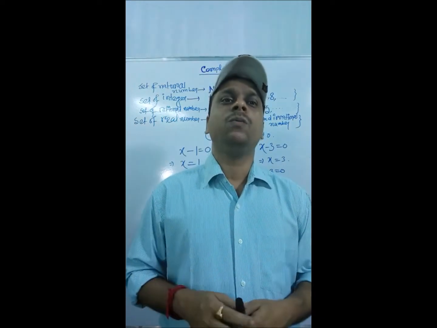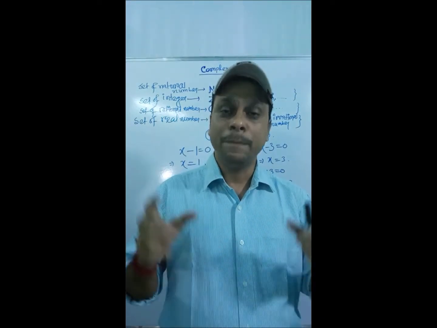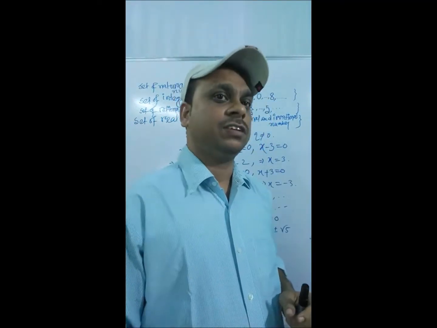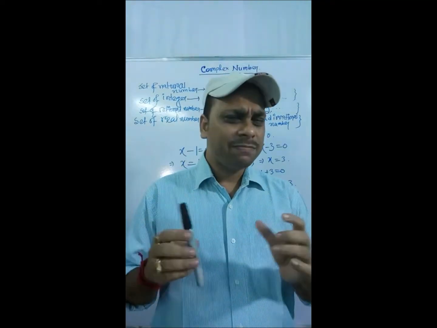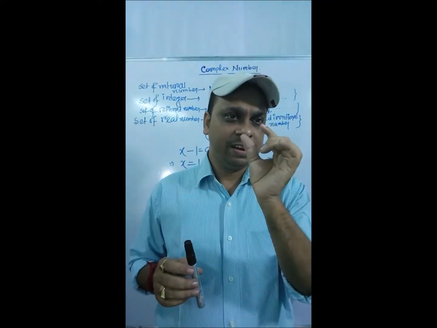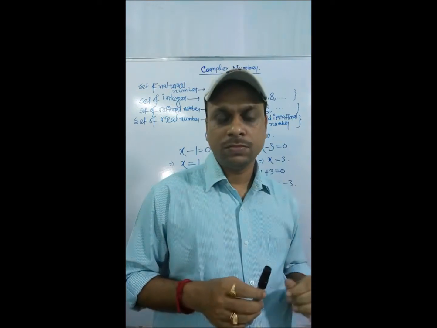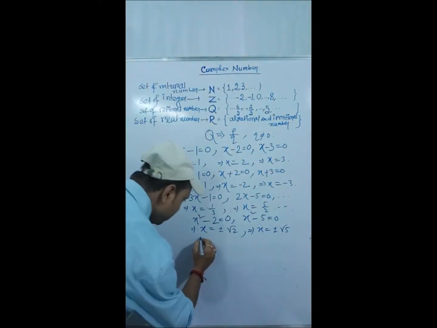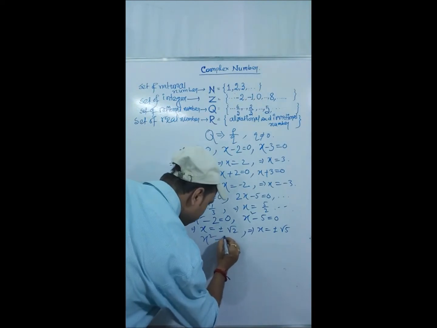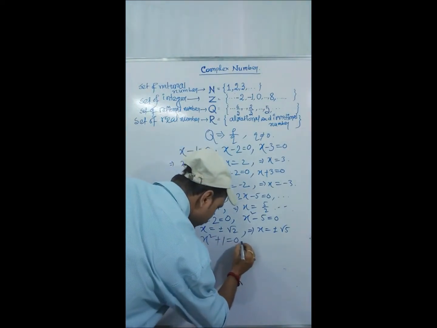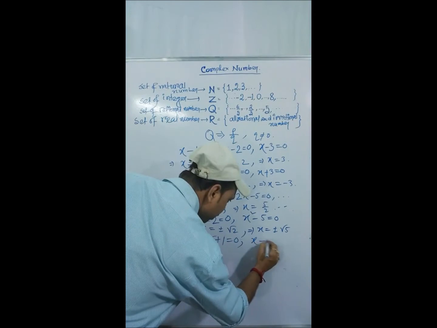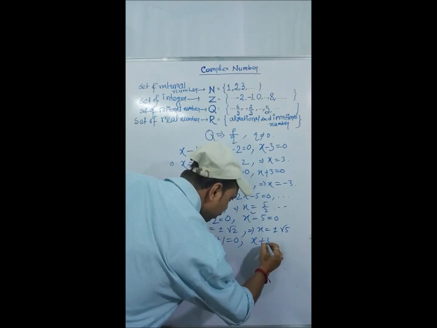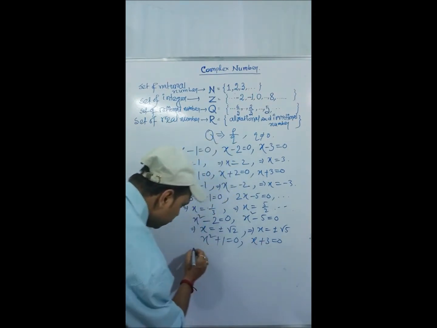Mathematicians were trying to solve many difficult equations which have no real value. For example, x square plus 1 equals 0, x square plus 3 equals 0.